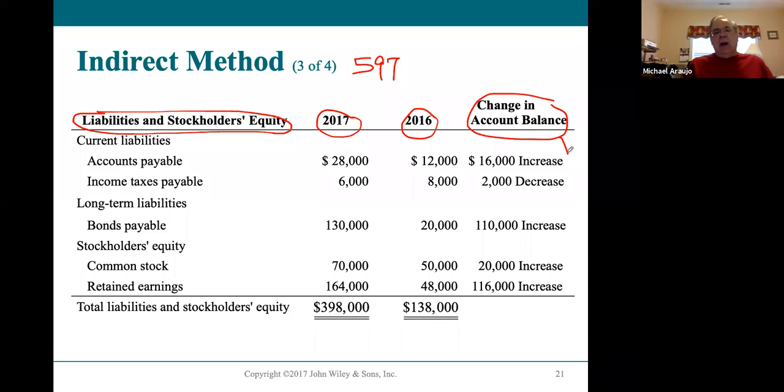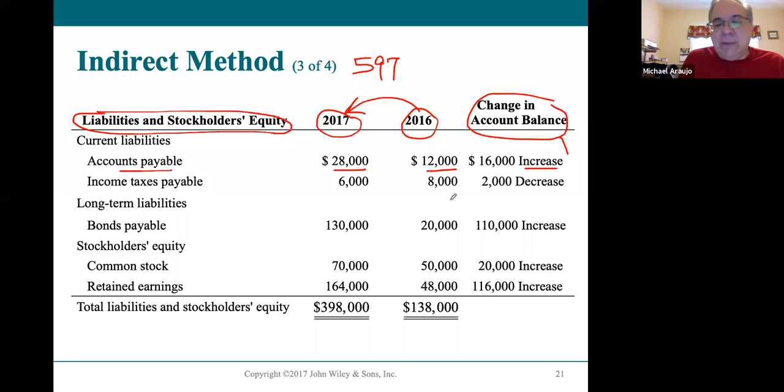Okay. So the changes are noted from 2016 to 2017. If you look at the first account here, accounts payable, for example, so you can understand the change: if you start at $12,000 of accounts payable and you have $28,000, it was an increase from 2016 to 2017 of $16,000.